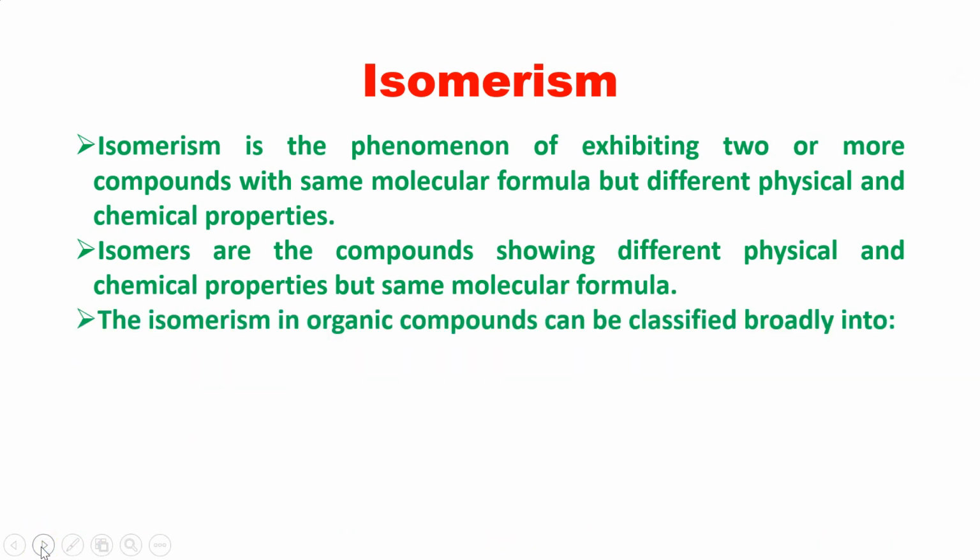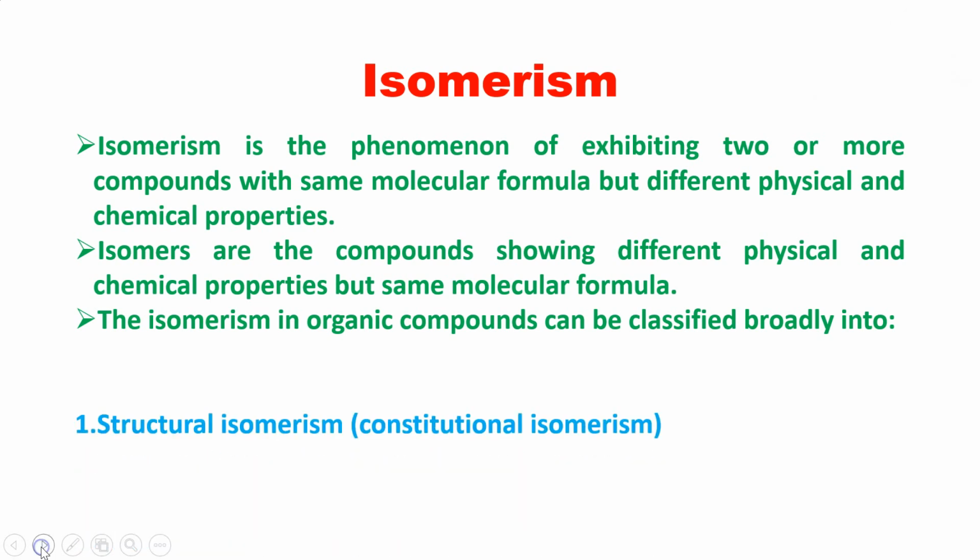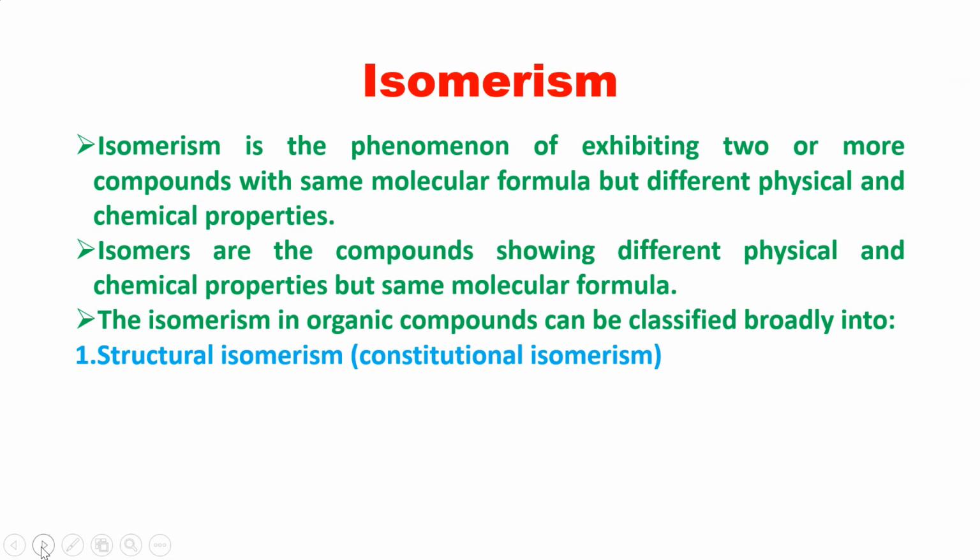Again, isomerism is classified broadly into two classes: one is structural isomerism, which is also said to be constitutional isomerism, and second is stereoisomerism. Structural isomerism is that in which the molecular formula is the same but the structure is different.